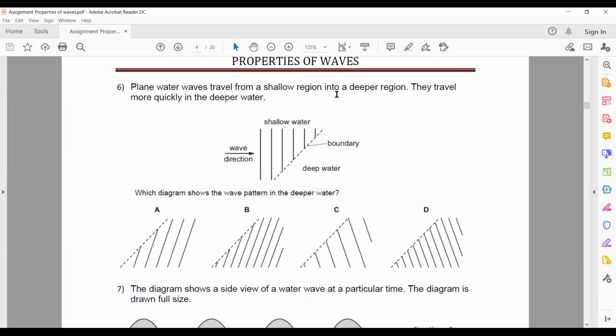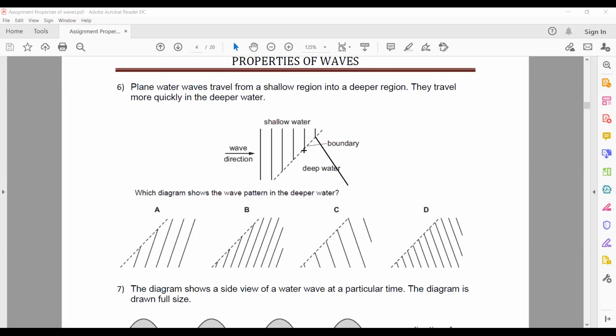A plane wavefront is in a shallow part and part of the wavefront is in a deep part. In a deep region, it will move faster. What could be the answer? A, B, C, or D? Because in a deep region, the wavefronts travel faster, so they will be ahead.